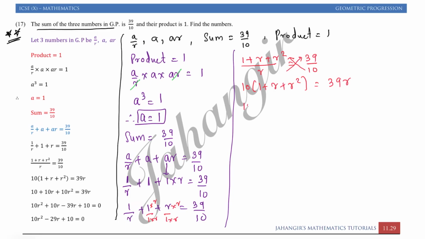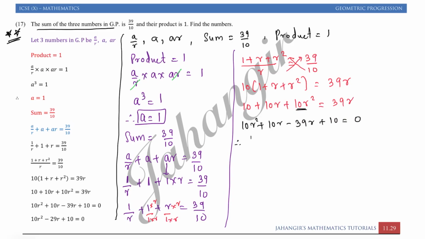Now let us multiply the bracket: 10 plus 10R square is equal to 39R. Just rearrange as quadratic terms. We had already done quadratics, so this should be easy for you. 10R square minus 39R plus 10 is equal to 0.